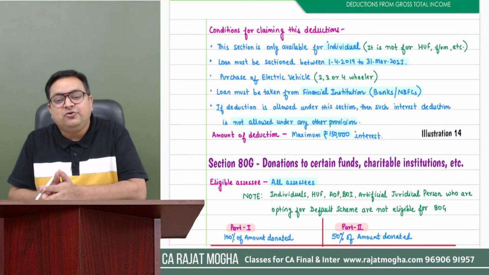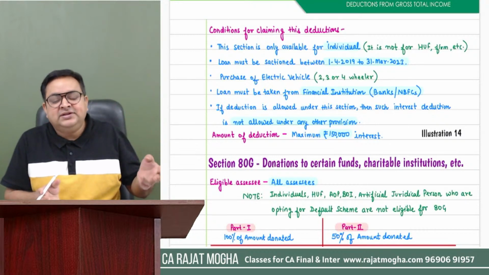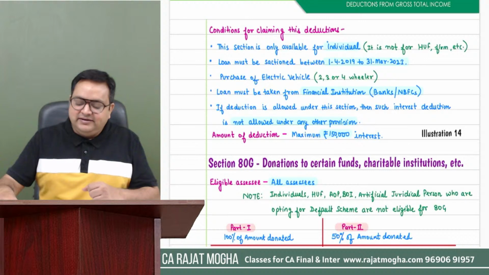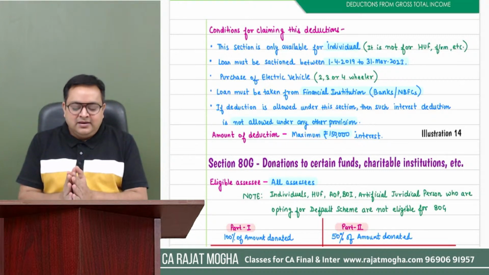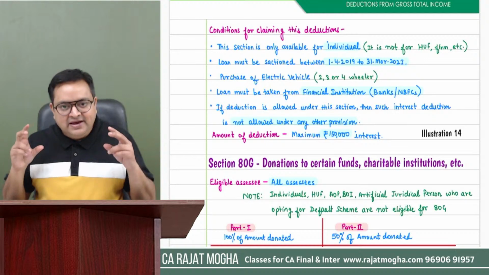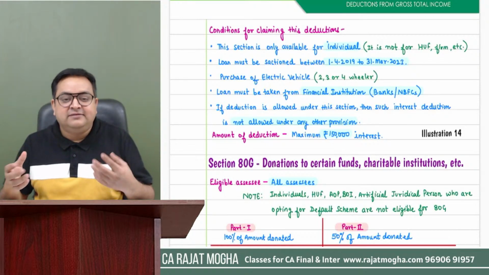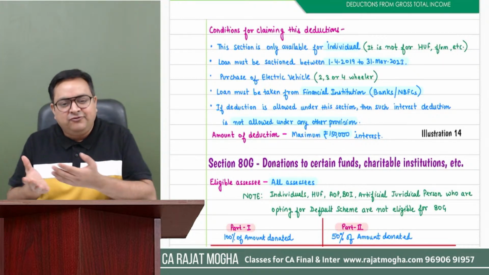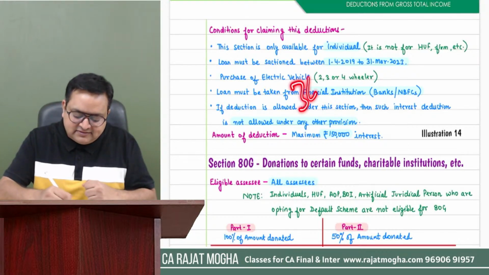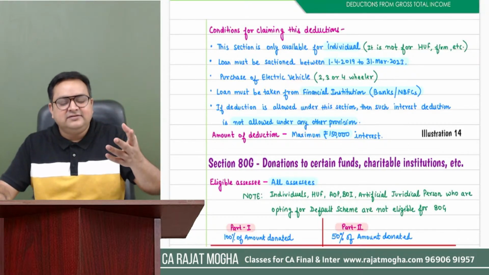But if this interest is already claimed under any other provision, then you cannot claim double deduction. Why am I saying this? Let's say you purchase a business asset, and you take a loan and you are paying interest. That becomes your business expense, right? And for interest, we have a section in PGBP, section 36. We have already discussed other deductions, right?